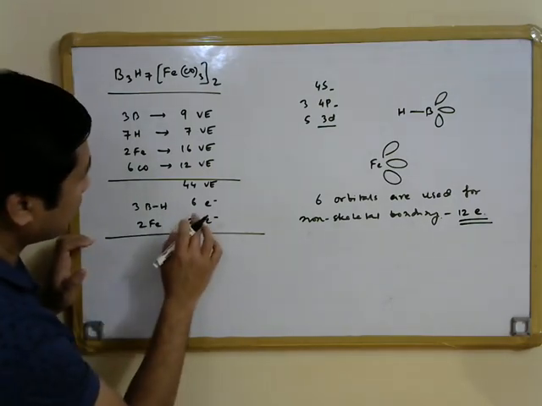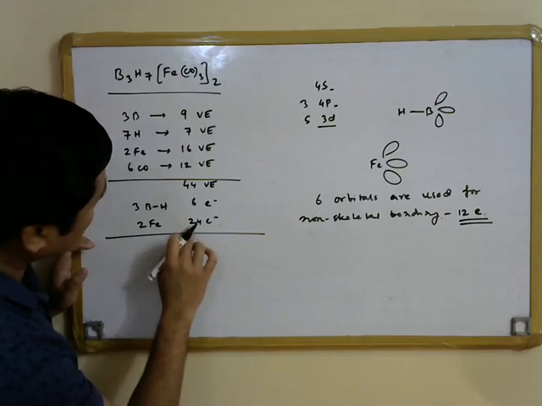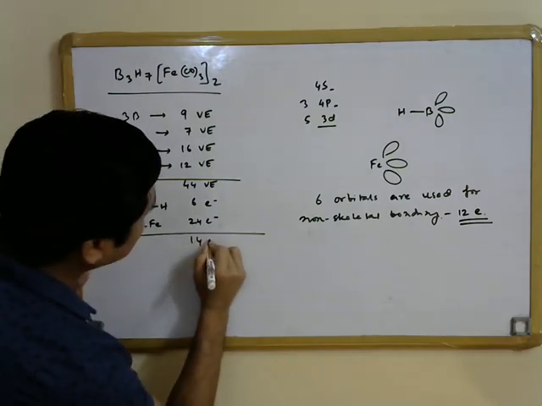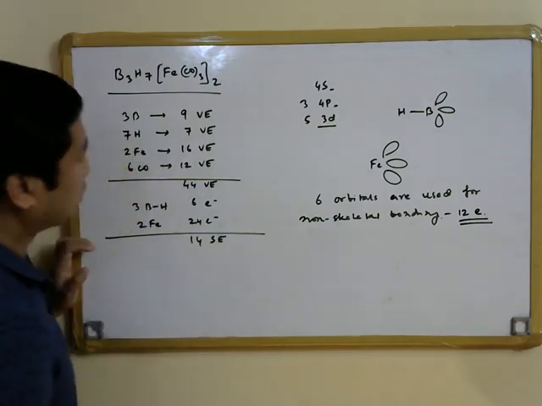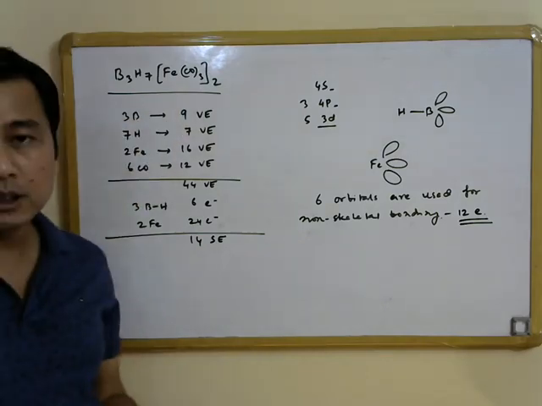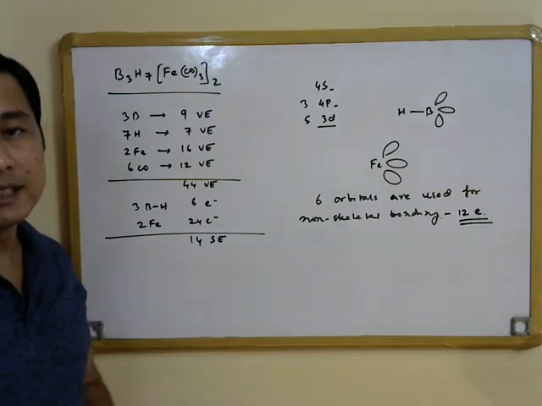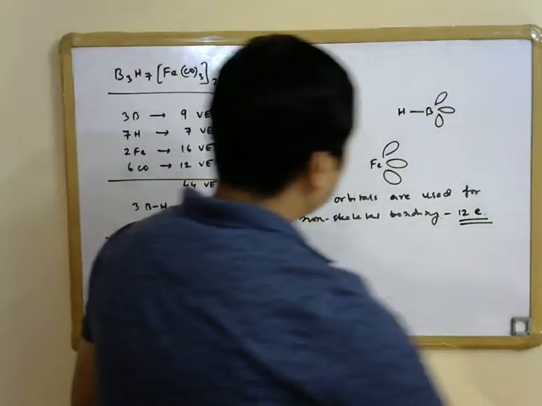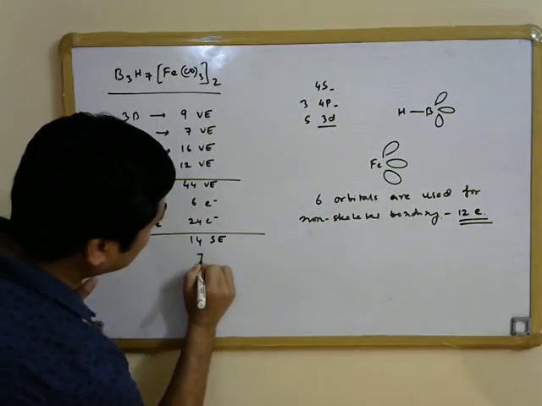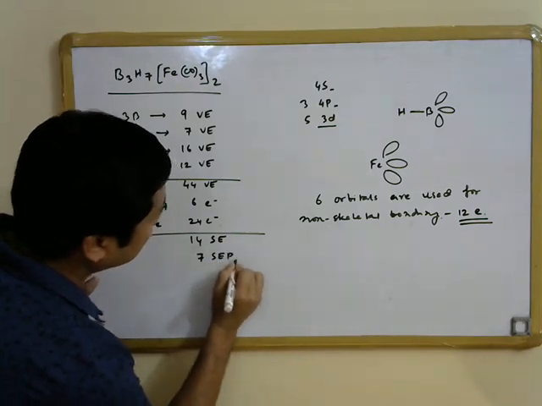So 44 minus this is going to be 30, so that is 14 skeletal electrons.